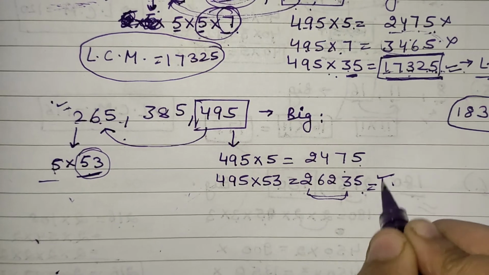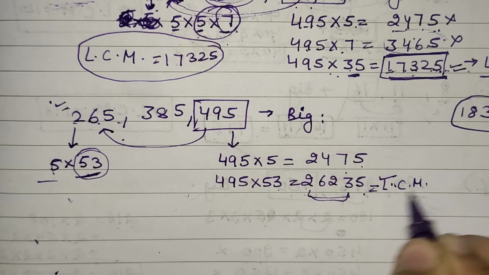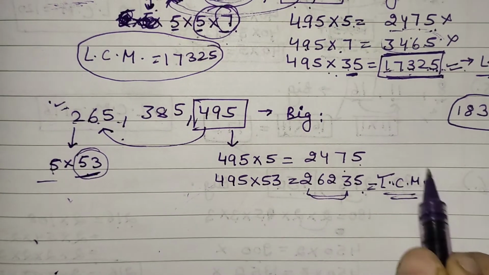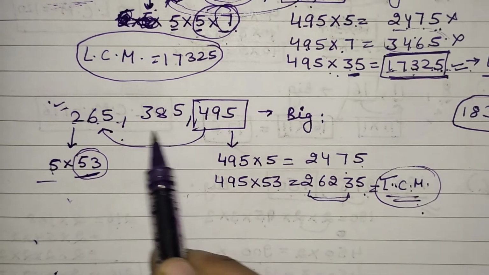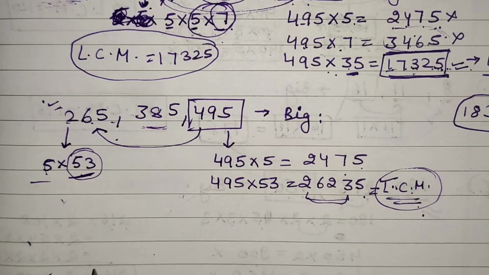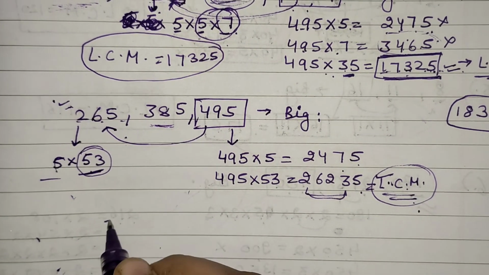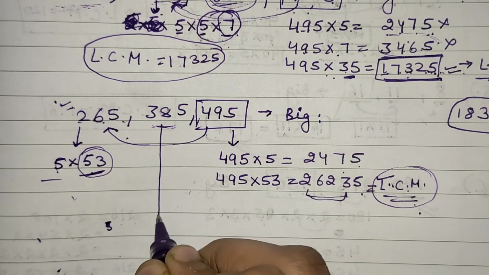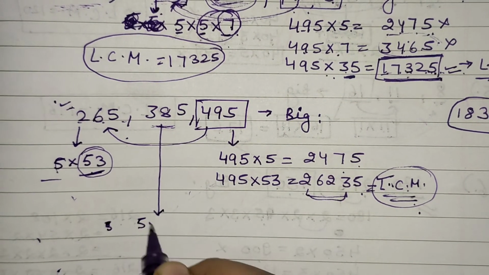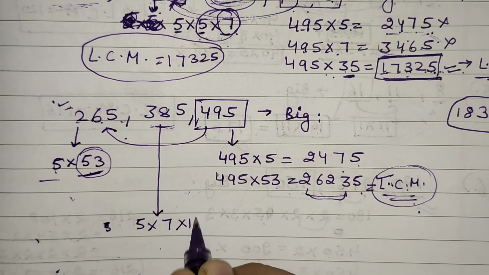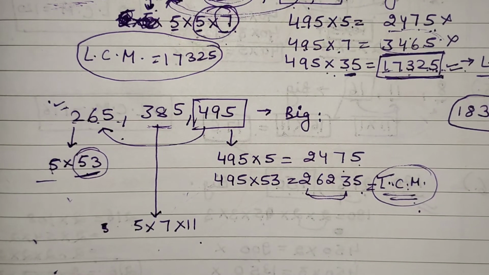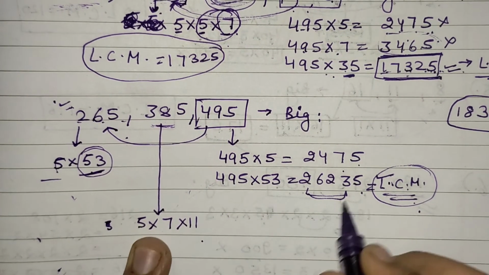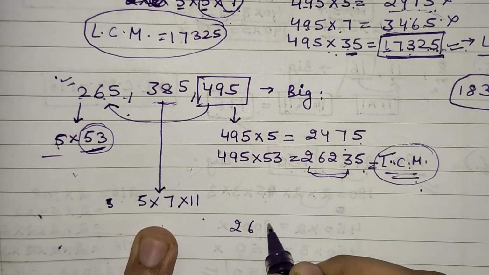So now let us imagine that this is my LCM. If this is my LCM, is it divisible by 385? No, it is not. So write down the factors of 385 this time. Factors of 385 will be 5 into 7 into 11. So take every factor one by one and multiply it.